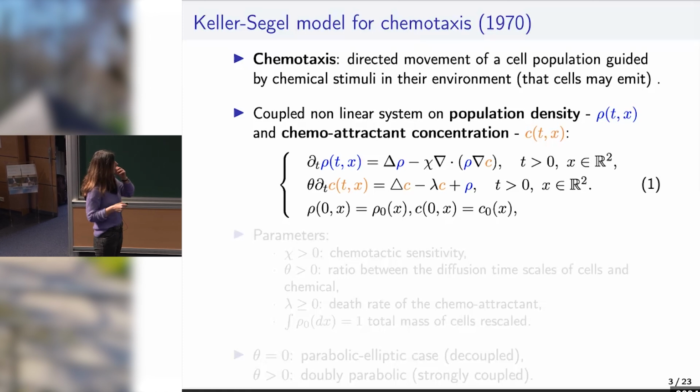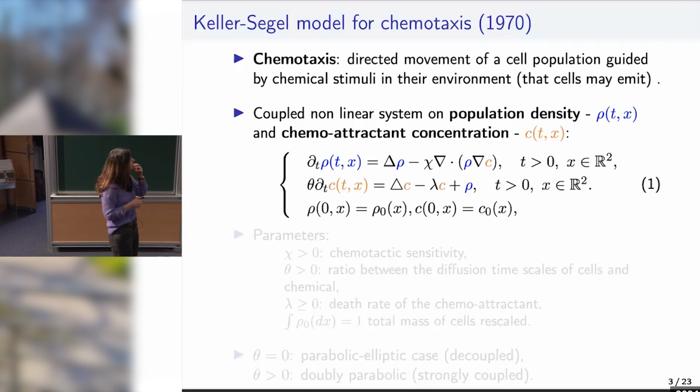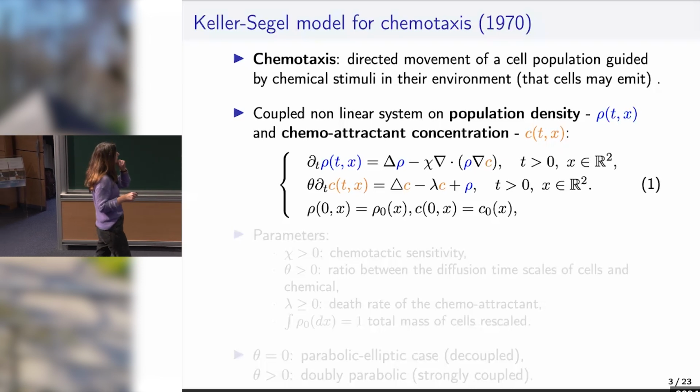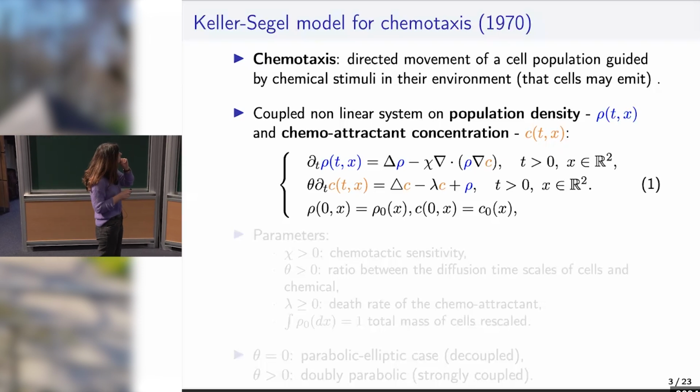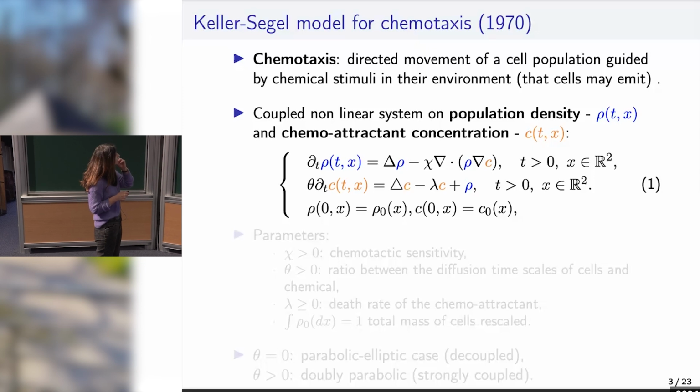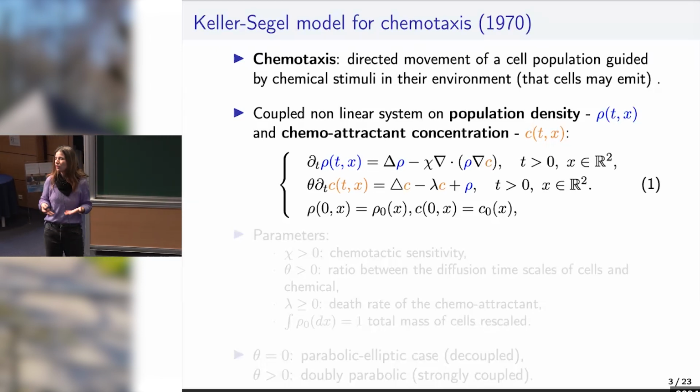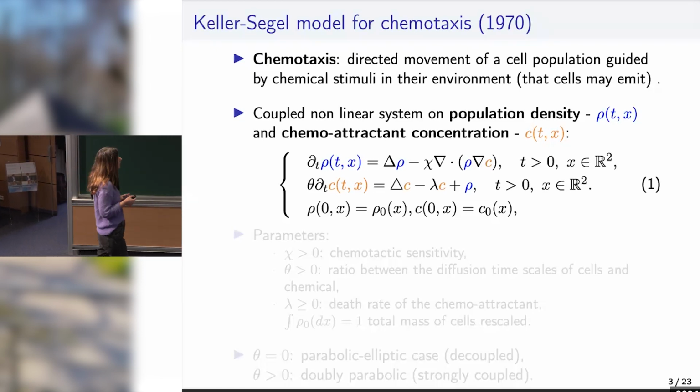So what happens here? We have two players. We have this population of cells, and then we have some chemical that attracts them. We call it a chemoattractant, and we have its concentration. Everything is in R2. The cells diffuse, and then they drift in the direction of the gradient of the concentration of the chemical, so they go to the zones where there is more chemical.